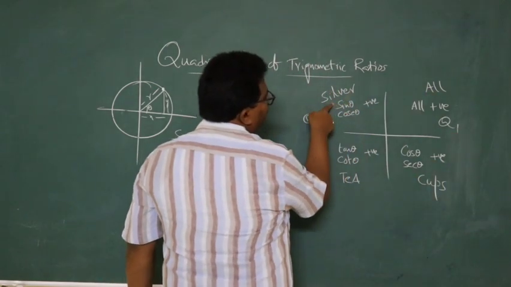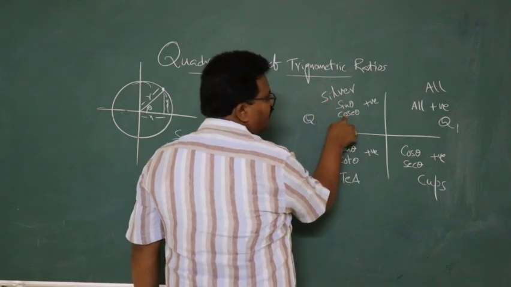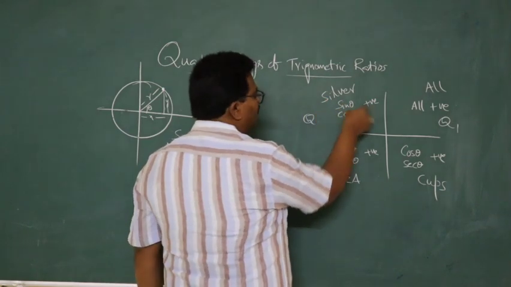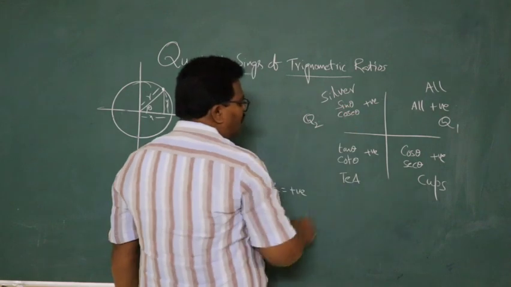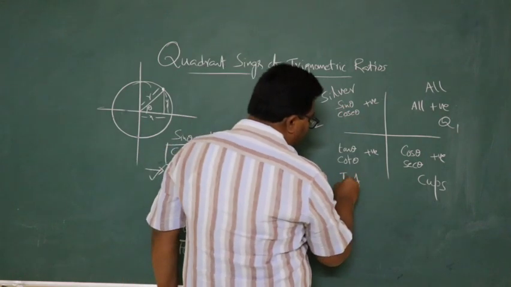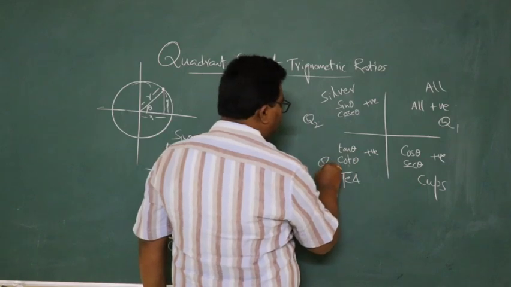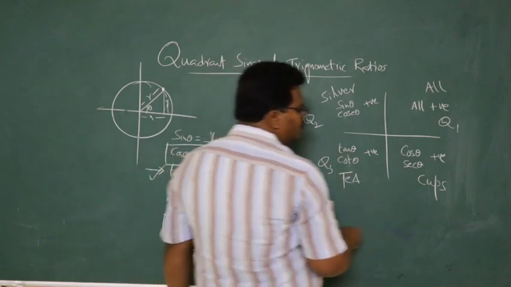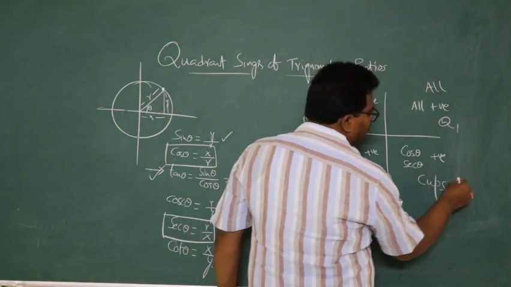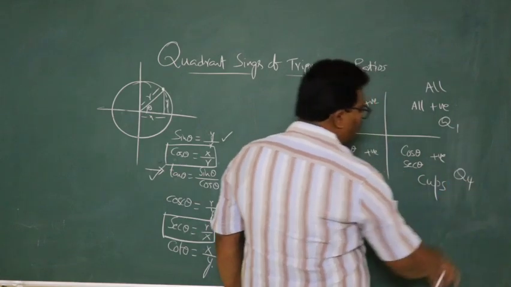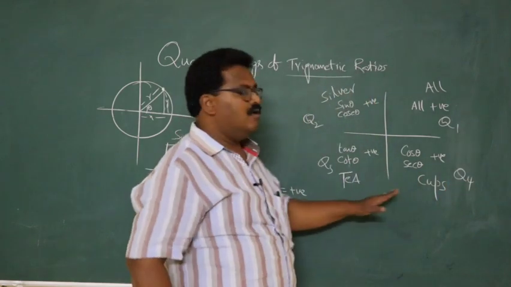Silver means starting with sine, that is sine, and the reciprocal of this is cosecant. These two are positive. And in the third one, T means starting with the T, that is tan and cot. In Q3, tan and cot are positive. Cups is cos and secant. In Q4, cos and secant are positive.